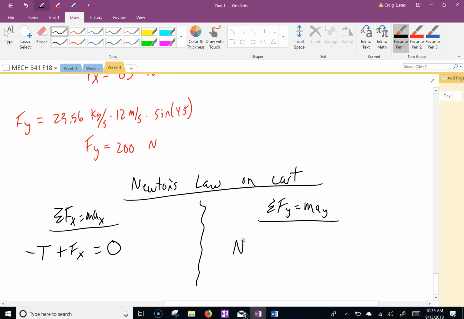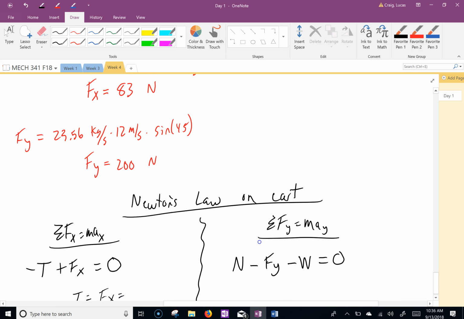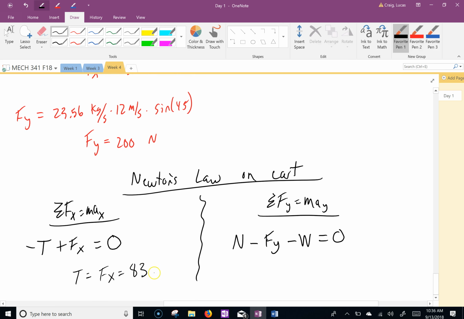Then we have normal minus f of y and minus W, right? f of y was down, normal was up, weight down, and then equals 0. So T equals f of x, which is equal to 83 newtons.